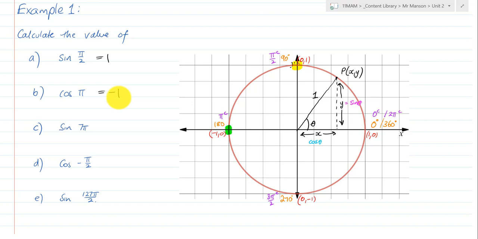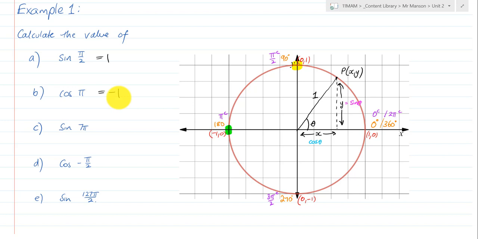This question is sine of 7 pi, but that's not the question I asked. 7 pi is 3.5 rotations around. So that's the same as doing what? You end up in the same place as just pi. Just pi, that's right. Or you end up in the same place as 3 pi. 3 pi is 1.5 times around, isn't it? Or 5 pi.